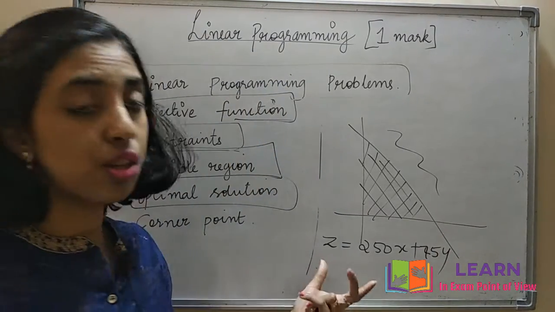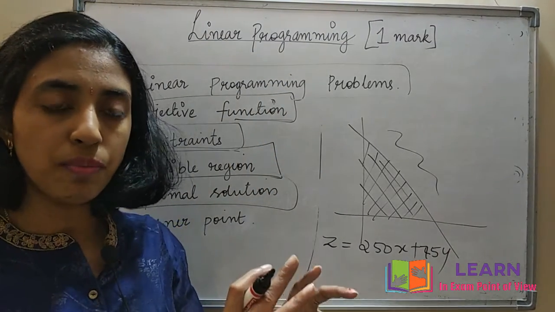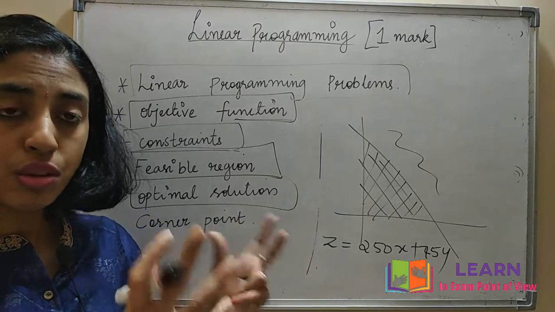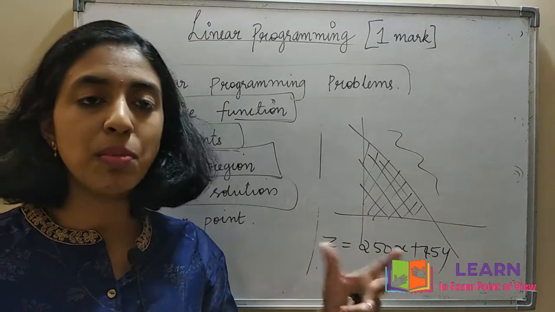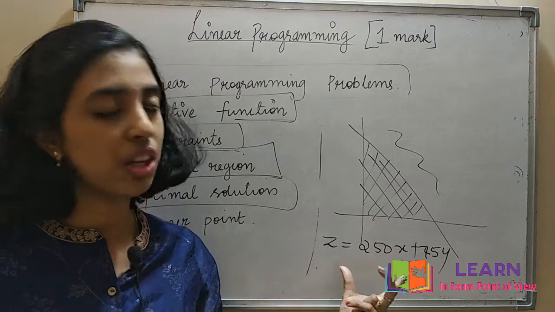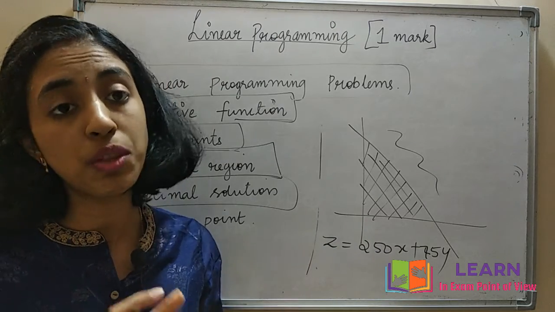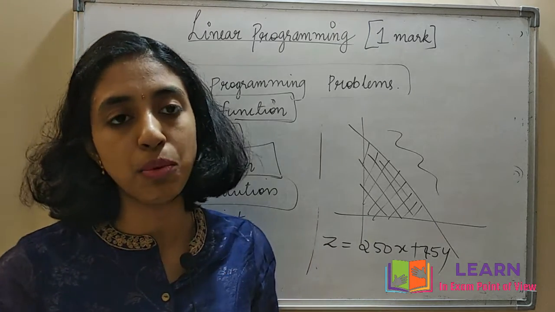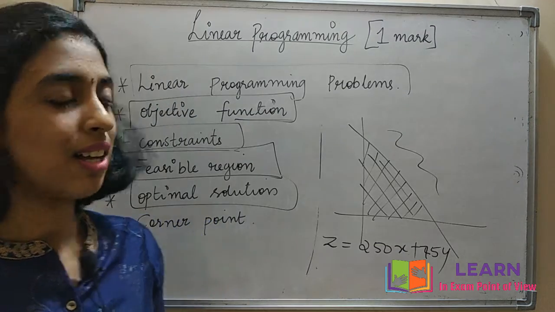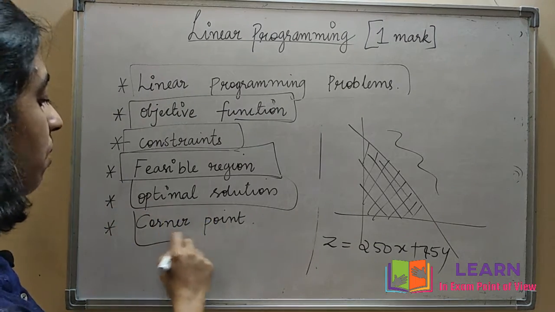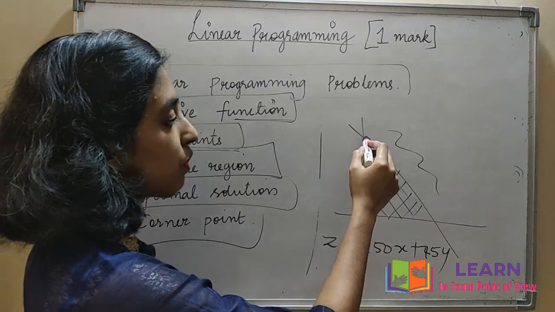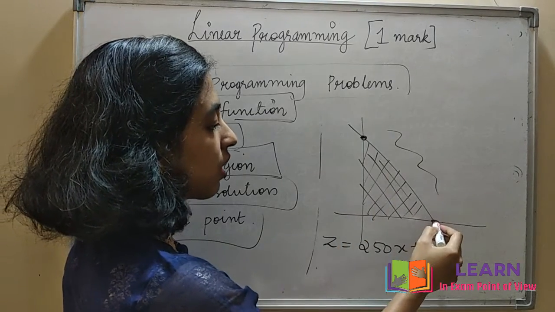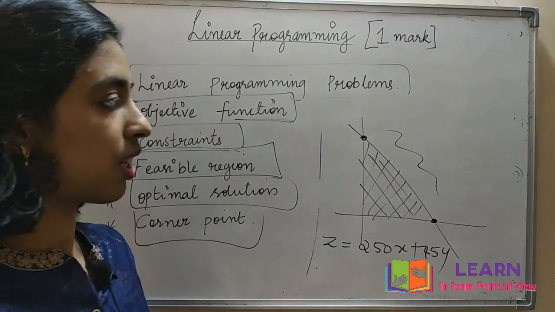So the solution which maximizes or minimizes the objective function is called the optimal solution of the linear programming problem.